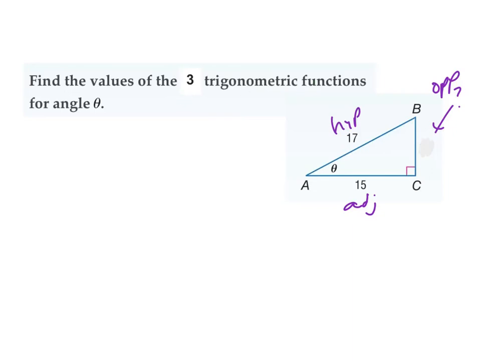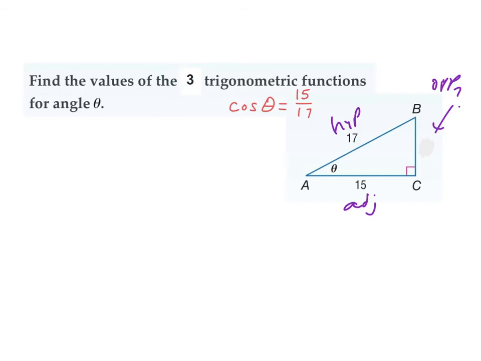Which trig function uses adjacent and hypotenuse? Hopefully you figured that out. If you said cosine, then you'd be correct. So cosine of theta is 15 over 17, because that's the adjacent over the hypotenuse. So that one's already done.